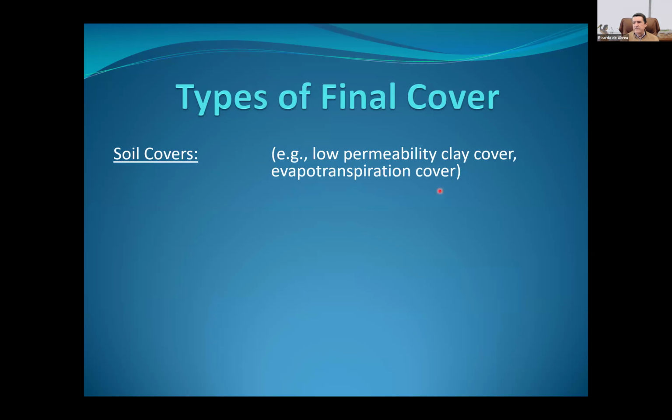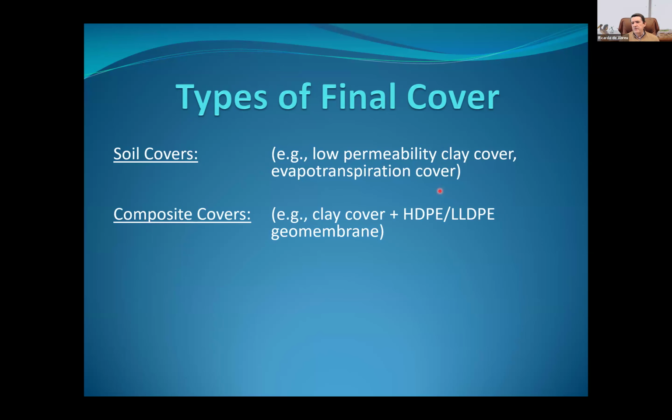Arizona comes to mind here in the United States, where we can use the field capacity of the cover layer to store water and avoid infiltration, and the water evaporates with time and doesn't infiltrate into the waste. This is good for places that don't have much rainfall, precipitation.